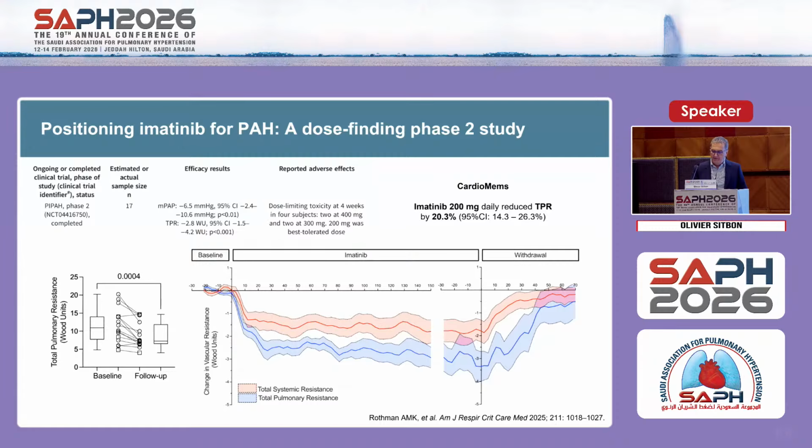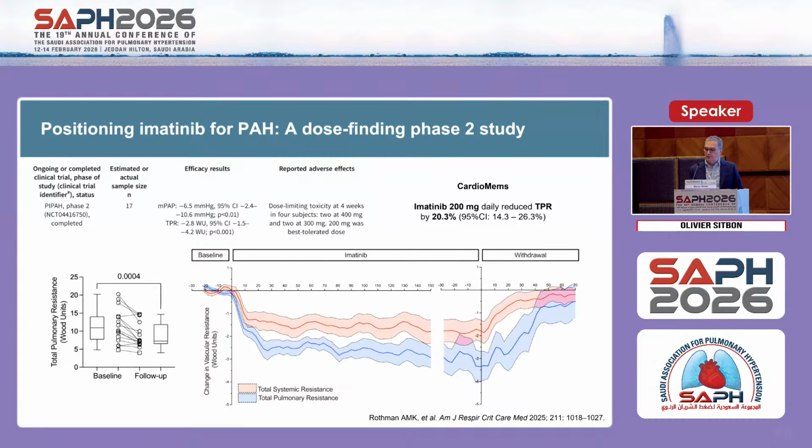And here you have just an example of a patient. We observed a rapid decrease in total pulmonary resistance. This is the blue curve here. As early as after 2 to 3 weeks, we observe a nice improvement in TPR, and this was maintained during the treatment with imatinib.